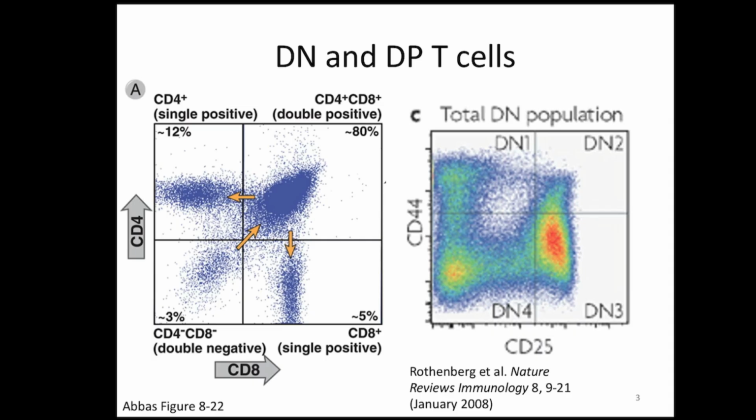The nice thing about this division into double negatives versus double positives and the subtypes of double negatives is that some of those different events actually get their own name for a step. It's not perfect, but that's sort of the real benefit here.